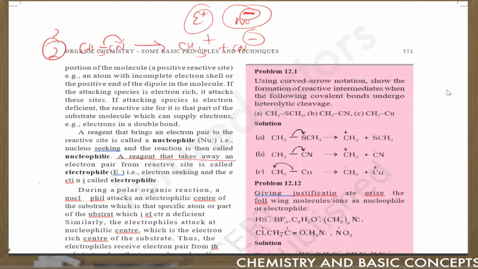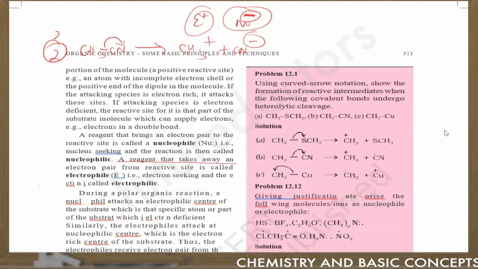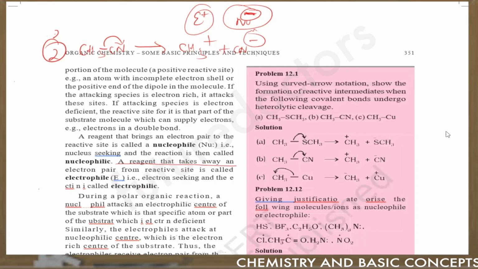So for the second example, I just explained in detail what is an example for electrophilic and what is an example for nucleophilic. Electrophilic is the one that is deficient in electrons, electron poor.